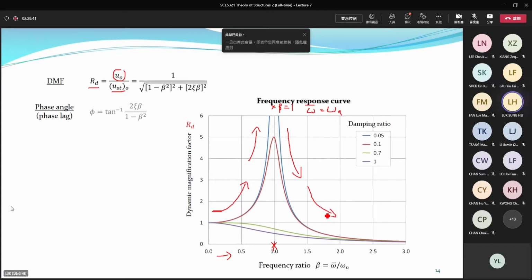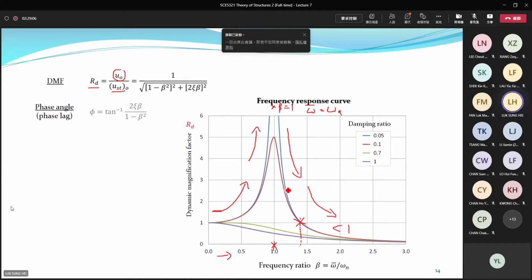When beta increases further beyond this point, we observe that RD becomes a value less than 1. Less than 1 means the dynamic behavior starts to make the response smaller than static.